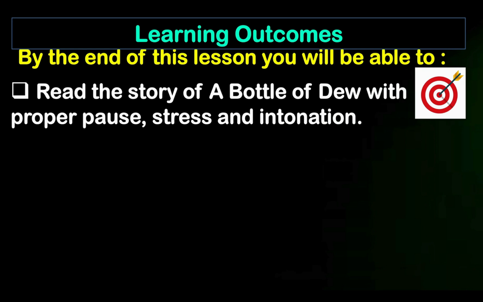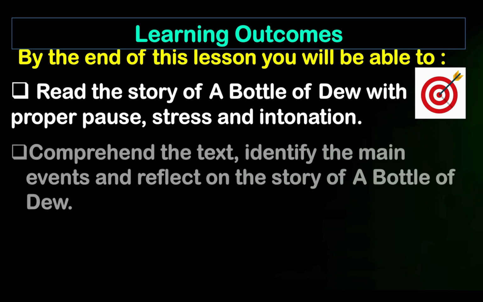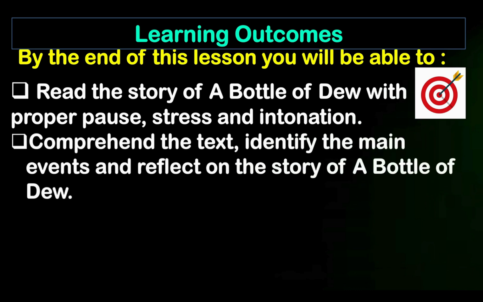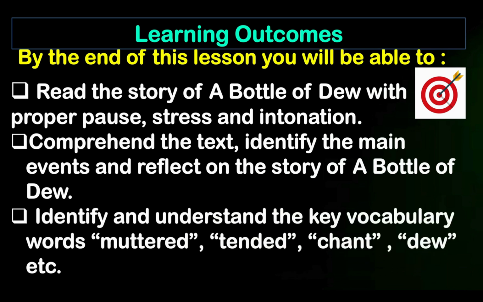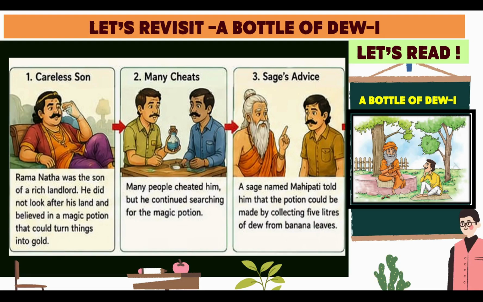By the end of this lesson, you'll be able to read the story of A Bottle of Dew with proper pause, stress, and intonation, comprehend the text, identify the main events, and reflect on the story. Identify and understand the key vocabulary words like muttered, tended, chant, dew, plantation, etc.